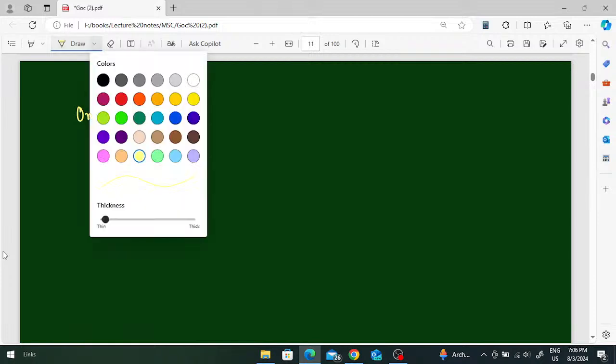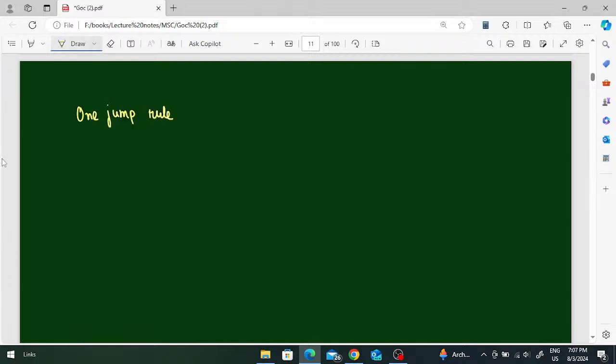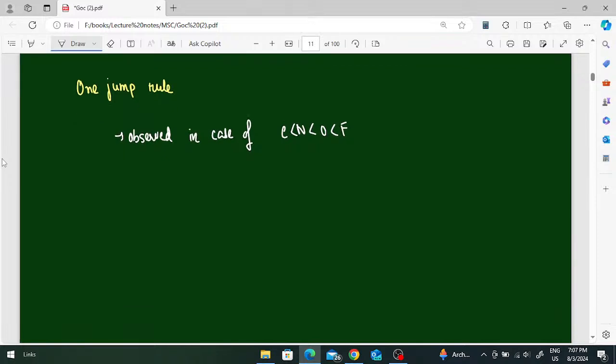This is observed in the case of carbon, nitrogen, oxygen, fluorine, where electronegativity increases.